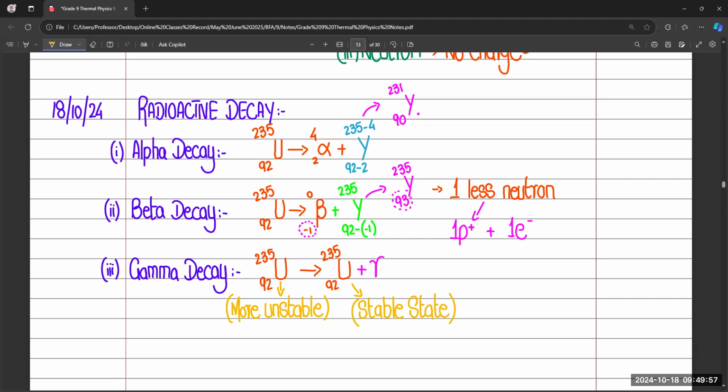So this is the difference, because radiations are emitting out in the form of gamma. Gamma is like electromagnetic radiation, so definitely radiations are coming out from the nucleus of uranium. Initially uranium is more unstable, in a more excited state, and when it emits gamma radiations, we get a stable state of uranium, right? So this is the concept of alpha, beta, and gamma decay.